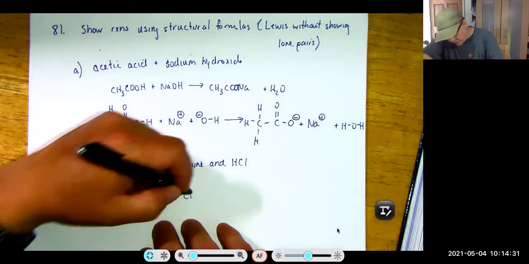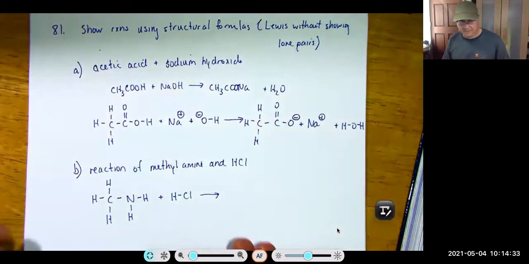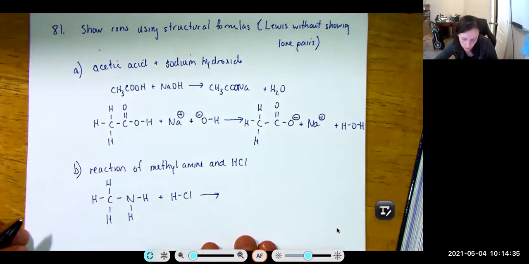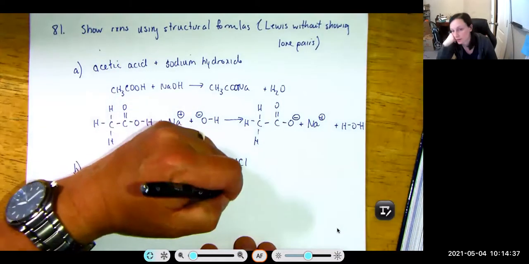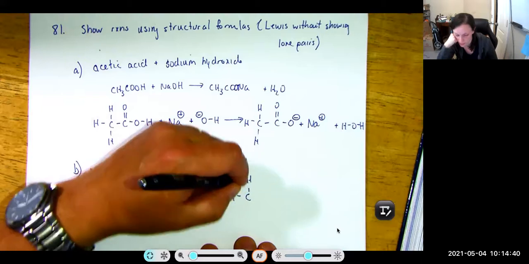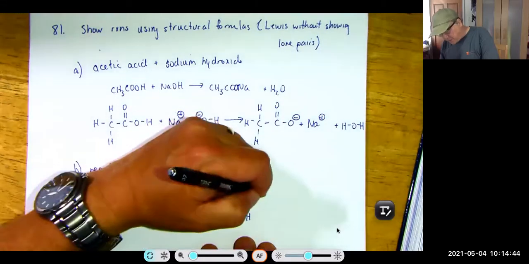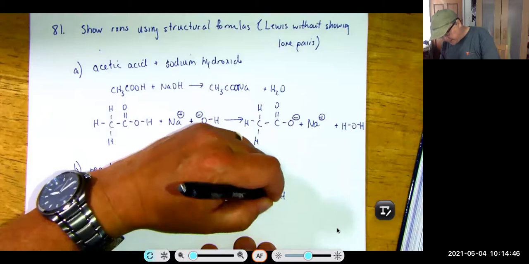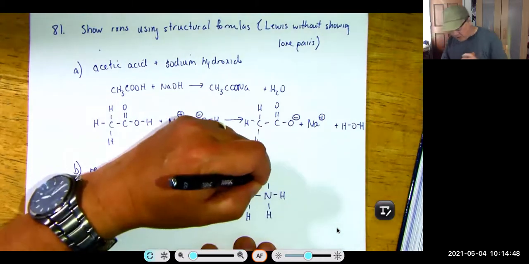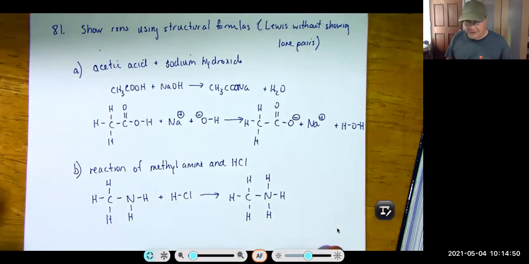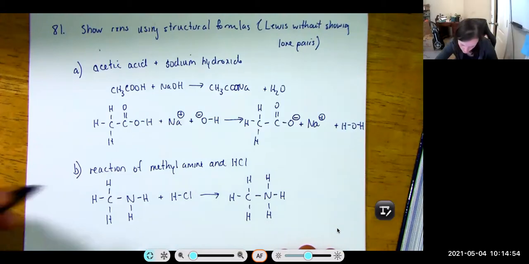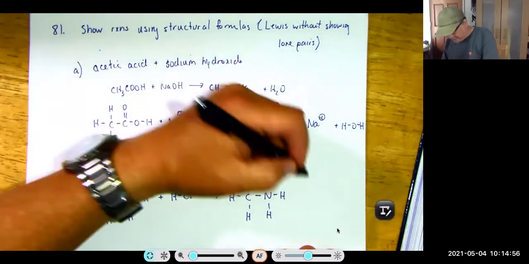And again, we're not showing any lone pairs. Okay, so I can guess that we're gonna make NH3. Yes, but we don't write NH3, because we are showing all of the bonds. Okay. And what is left over?